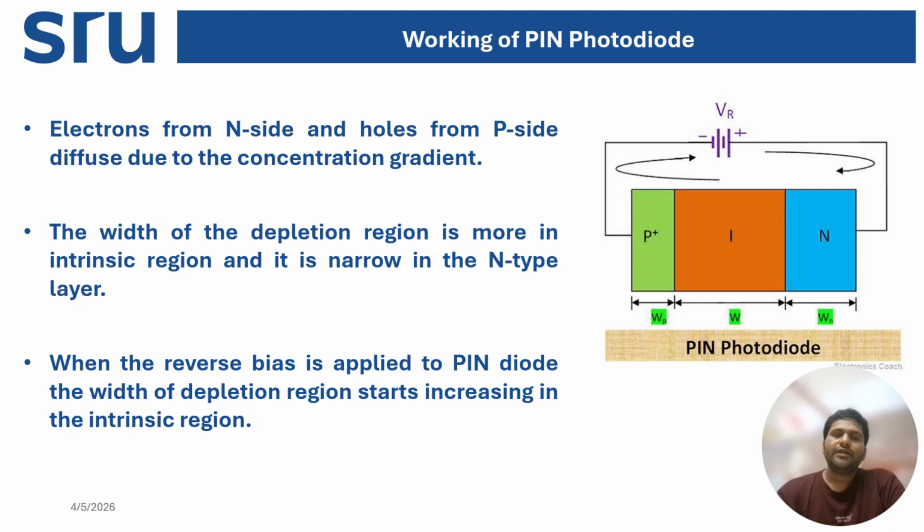So, a basic PIN photodiode is generally operated in reverse bias mode. The P region is connected to the negative terminal of the battery and the N region is connected to the positive terminal of the battery, which is clearly observed in that structure.